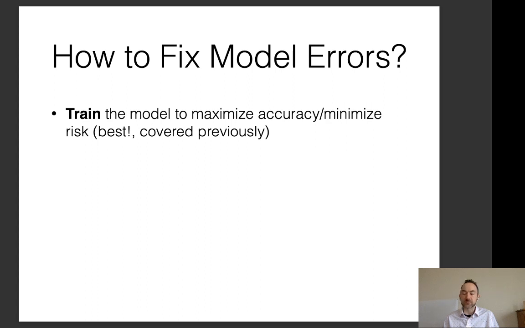We covered a bunch of different ways to do this in previous lectures, things like reinforcement learning, minimum risk training, structured search algorithms, et cetera. If you can do this, I would highly suggest you do it this way. This is the correct way of doing things.